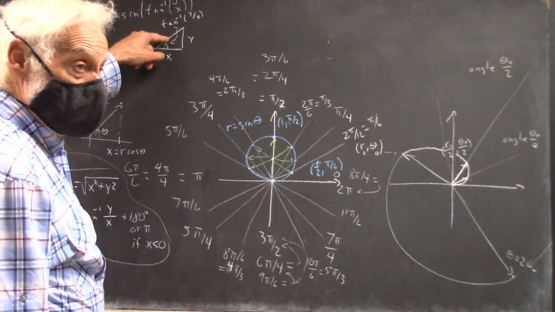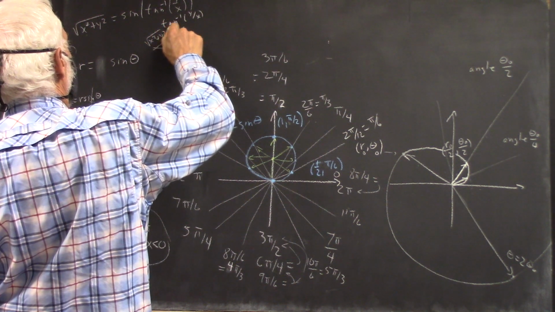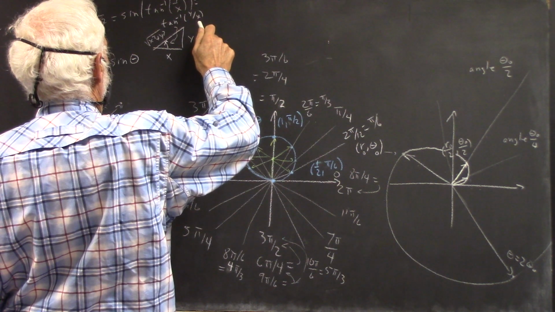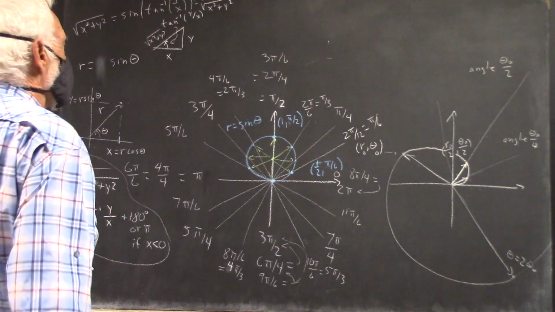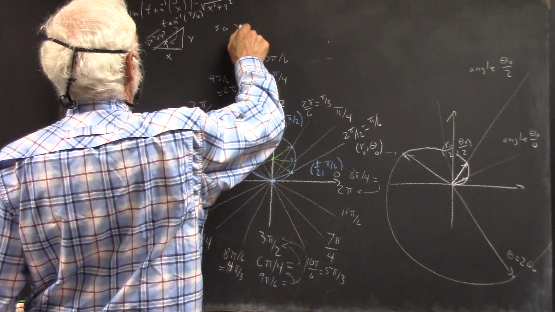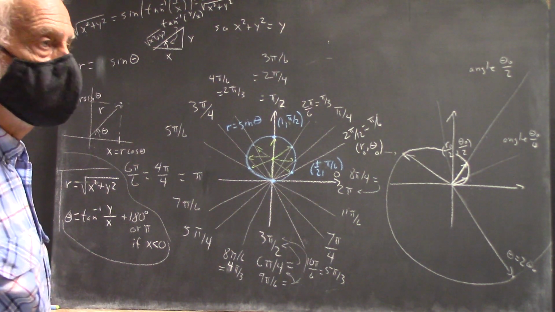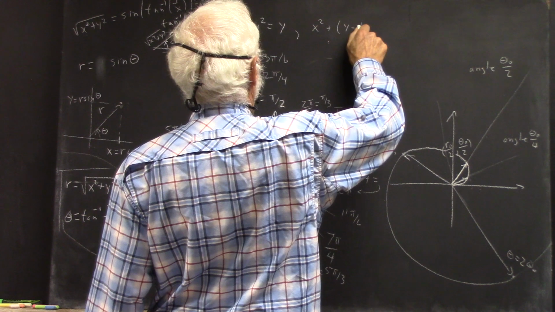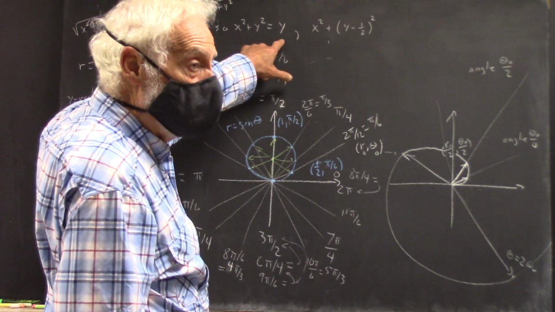Well, the sine is the opposite side over the hypotenuse. So the hypotenuse has got to be the square root of x squared plus y squared. So, x squared plus y squared equals y.